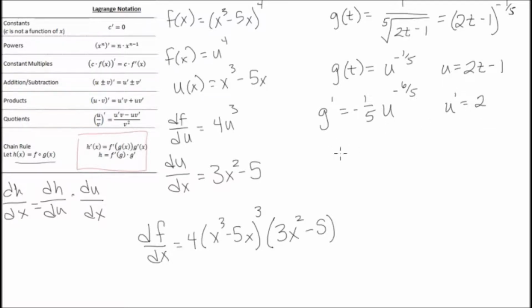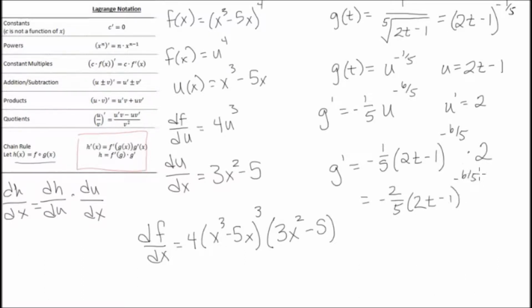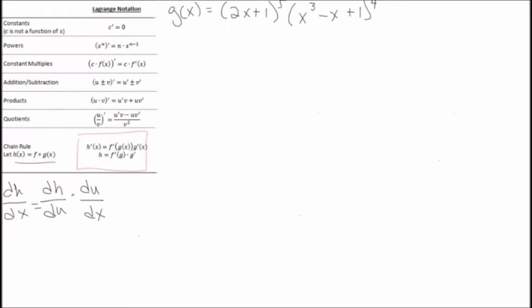I now combine the two. I get that g prime with respect to t is equal to negative 1/5, I substitute in 2t minus 1 for u to the negative 6/5, times the derivative of u, which is just 2. So I could rewrite that as negative 2/5 times 2t minus 1 to the power negative 6/5.